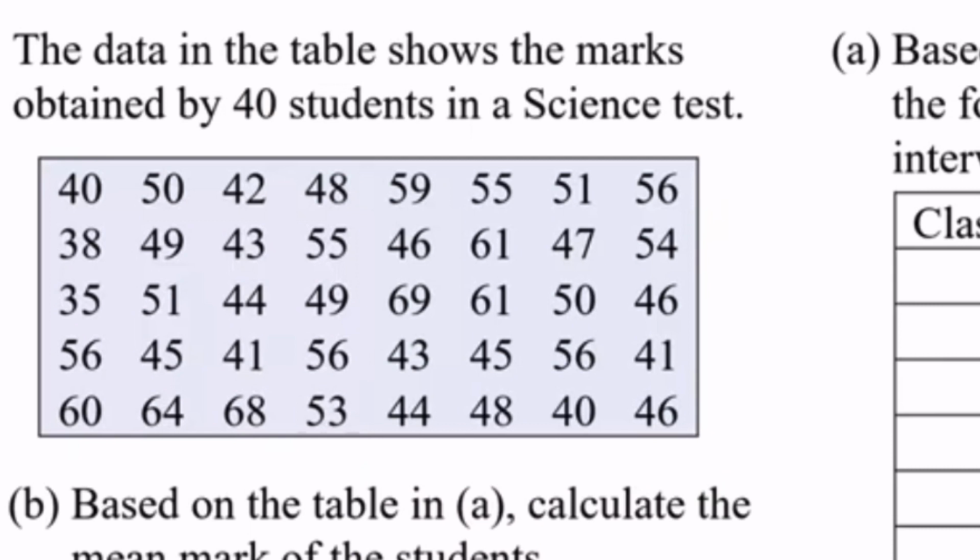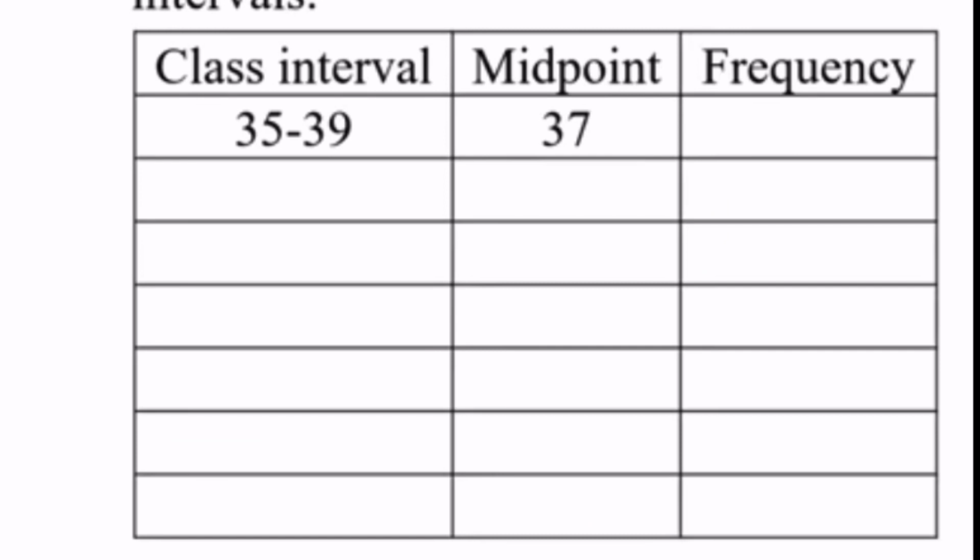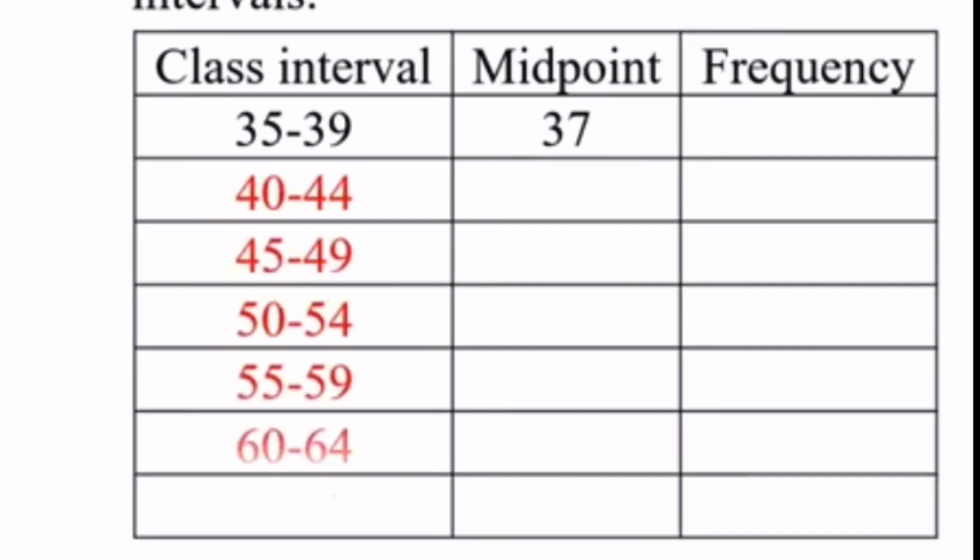So first of all, I would like you all to copy down the data for the 40 students and also copy down the table. So let's get ready with the class interval. We will start from lower class 35 to 39, and the midpoint is 35 plus 39 divided by 2.